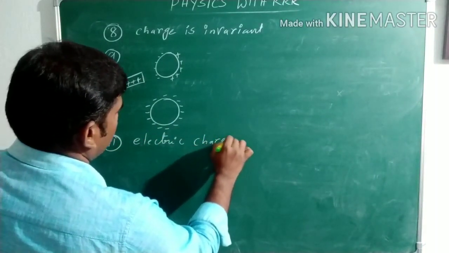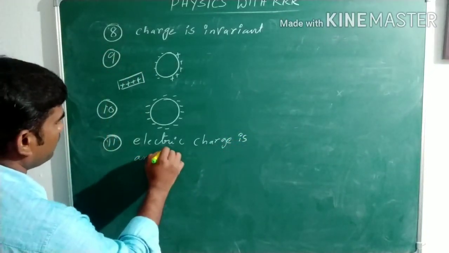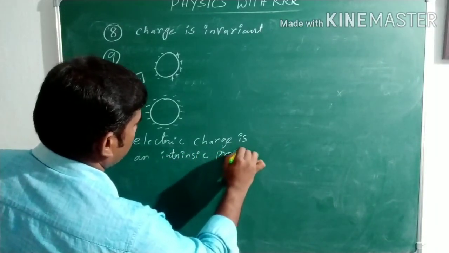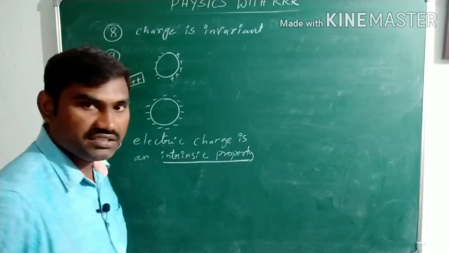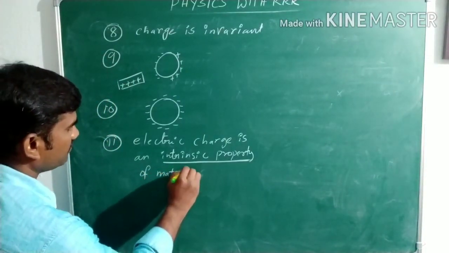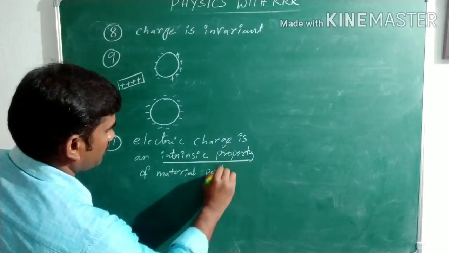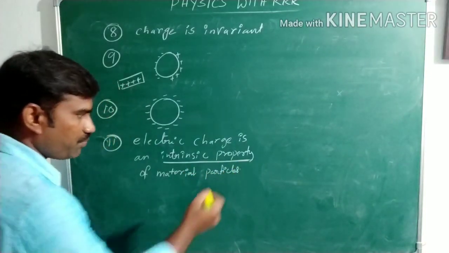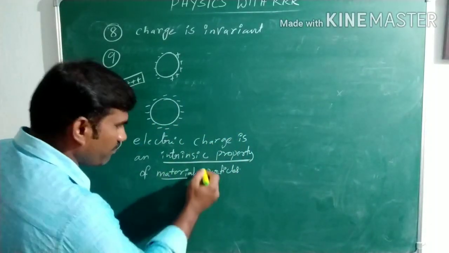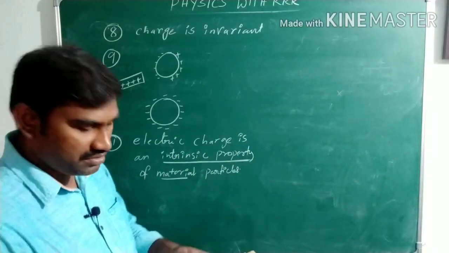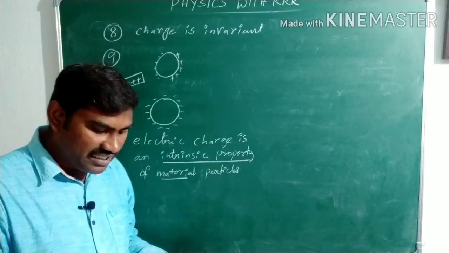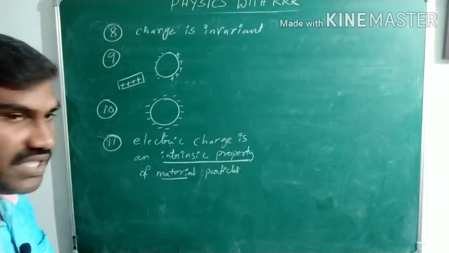Electric charge is an intrinsic property of material particles. So the property of this material particle is known as electric charge, and without the material particle there is no charge. So charge cannot exist without mass, but mass can exist without charge. That statement is correct.